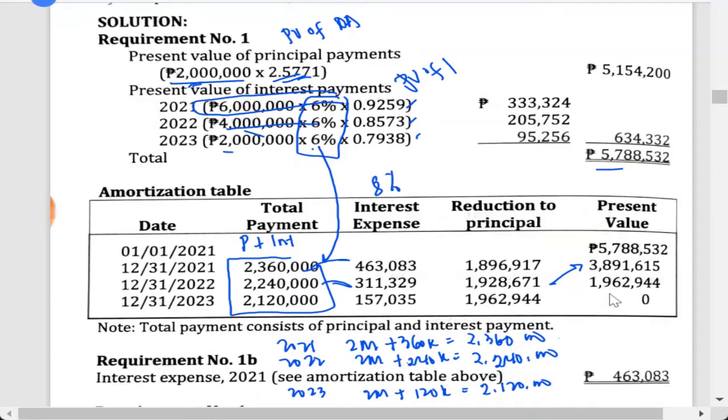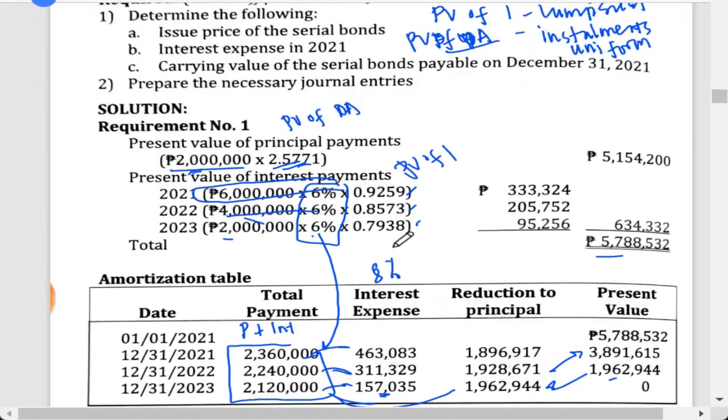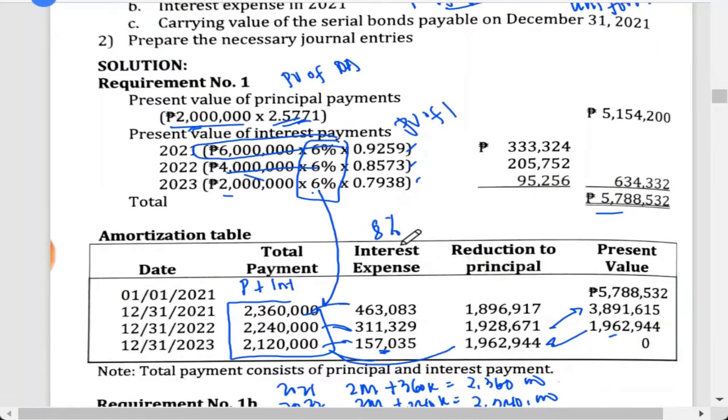So that's 1,962,944. Since mauna ni siya ang last payment for next year, so bring down na siya. And then, adjust na lang, kuha ang difference, and you will get 157,035. Okay? What is the interest expense in 2021?